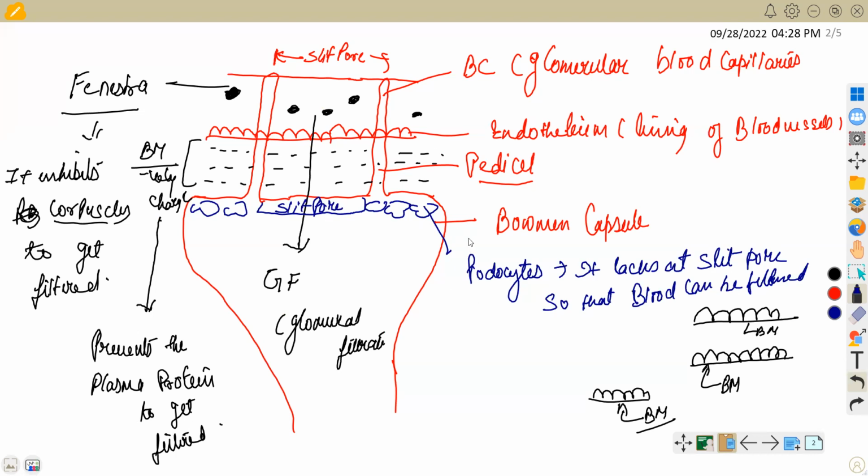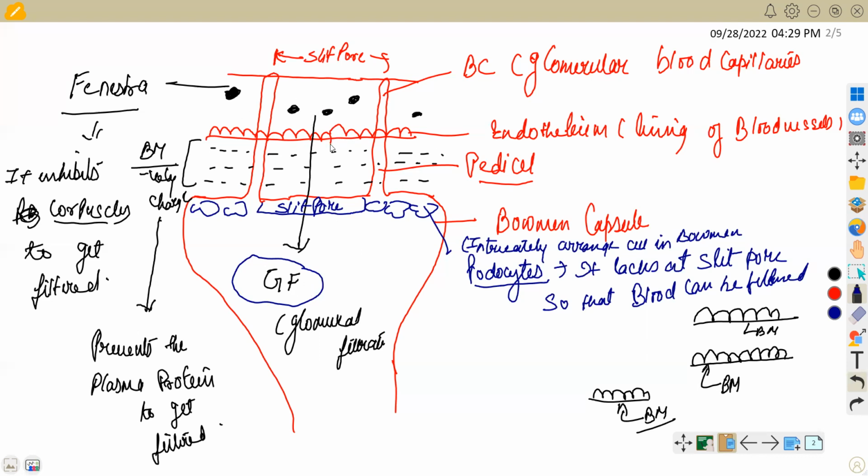Podocytes are intricately arranged cells in Bowman capsule, but they are not there in the slit pore, so that blood can be filtered and given as glomerular filtrate. I hope you understand how ultrafiltration is occurring at the level of Bowman capsule and endothelium.